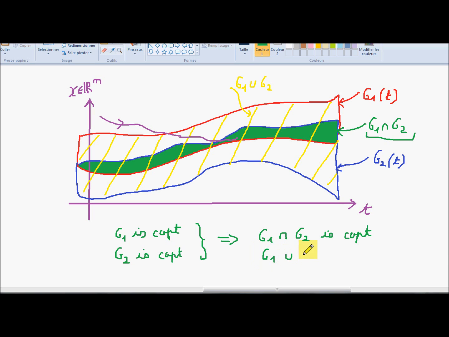Okay. In this case, we can say that the set of capture tubes is a sublattice of the set of tubes.